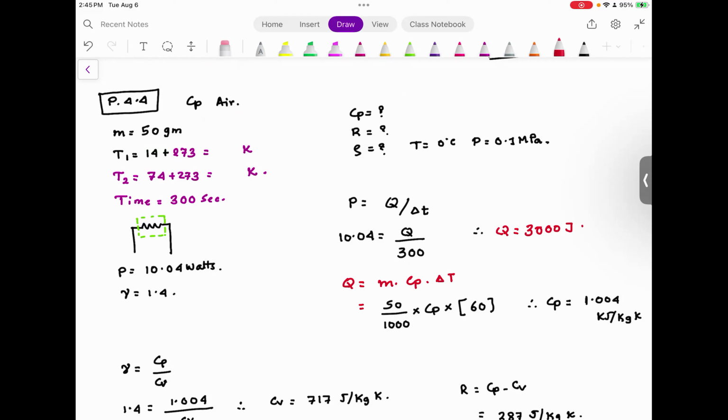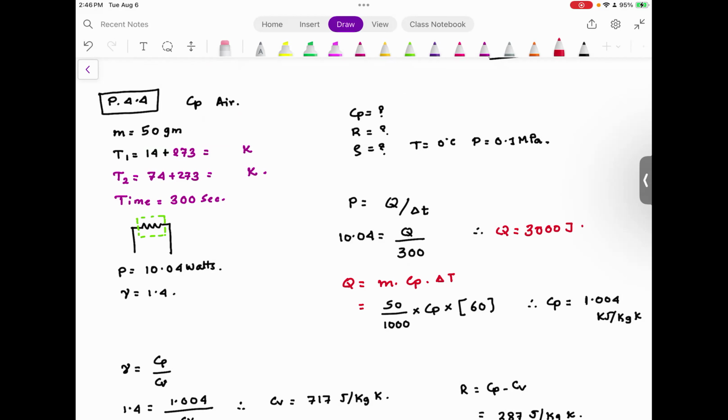Voltage times current gives you the power, and that resistance heater was turned on for 300 seconds. Within 300 seconds, the temperature went from 14 to 74. Based on this, we have to find out the specific heats of the air, where gamma, which is the ratio of the specific heats for the air, is given as 1.4.